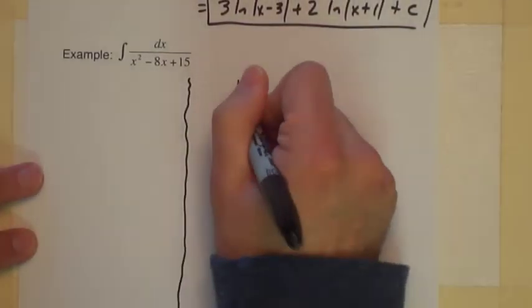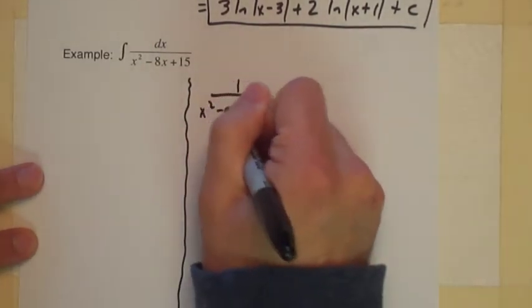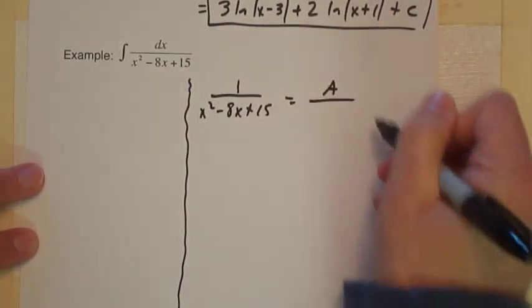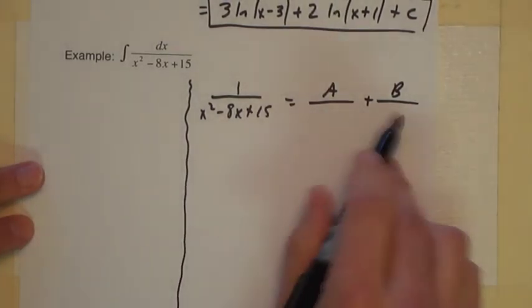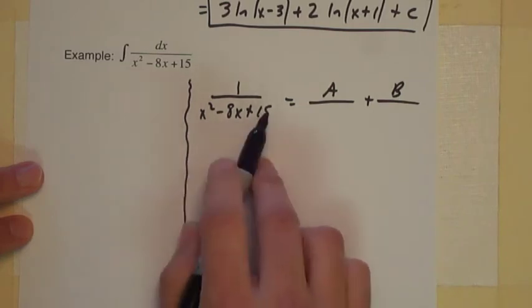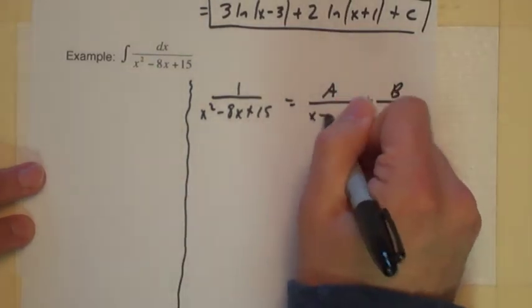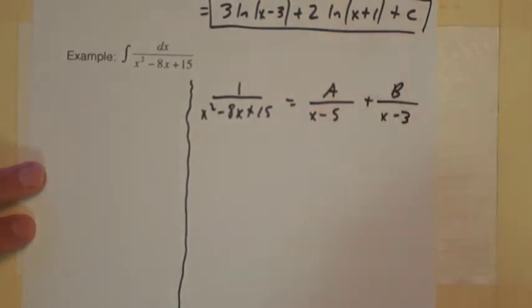So let's do that. 1 over x squared minus 8x plus 15 is going to break up into a over something plus b over something else. And what are these two going to be? Well, the factors of x squared minus 8x plus 15 are x minus 5 and x minus 3. So we can just fill those in.